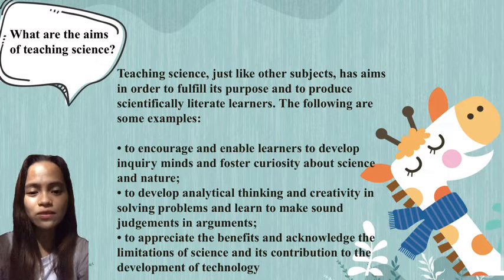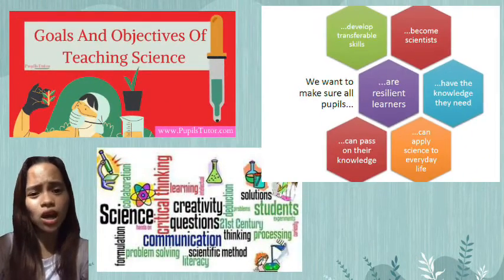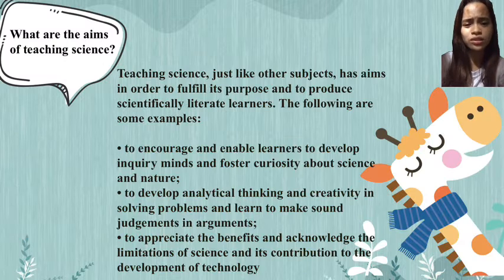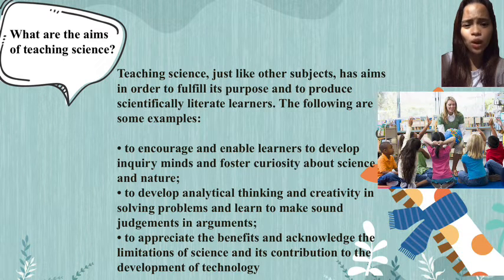So what are the aims of science teaching? Teaching science, just like the other subjects, aims to fulfill its purpose and to produce scientifically literate learners. Some examples: First, to encourage and enable learners to develop inquiring minds and foster curiosity about science and nature.